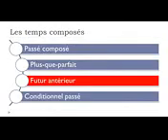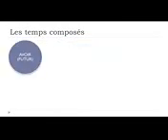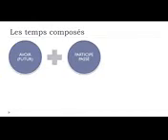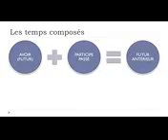Now, the other tense we saw was futur antérieur. And futur antérieur, remember, exactly the same construction, but then avoir should be conjugated at the futur, and then le participe passé, and it will give you futur antérieur.